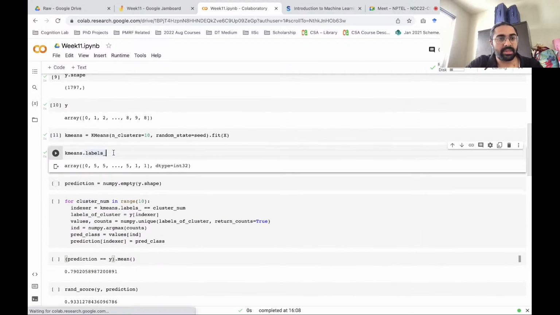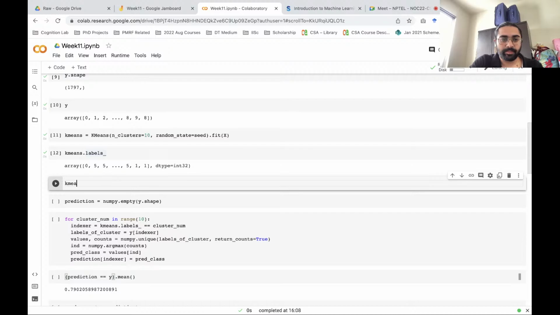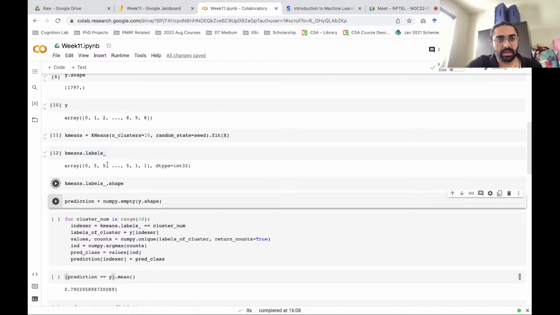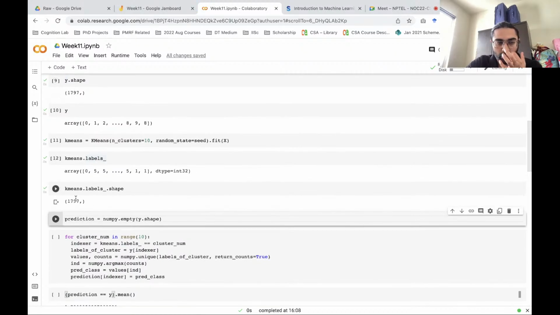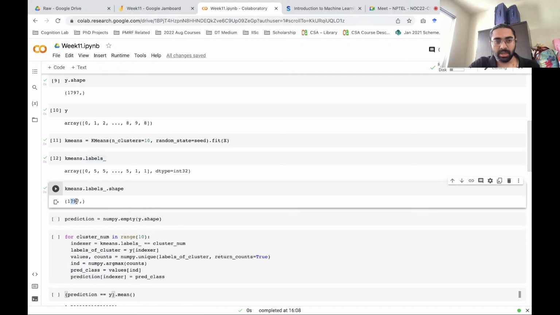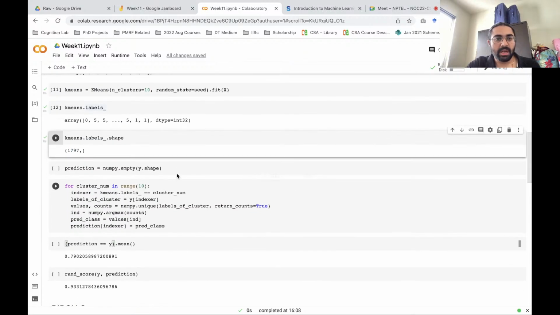So this k-means labels shape is going to be like y shape, because for each sample it gives the cluster number assigned to that particular sample, right?